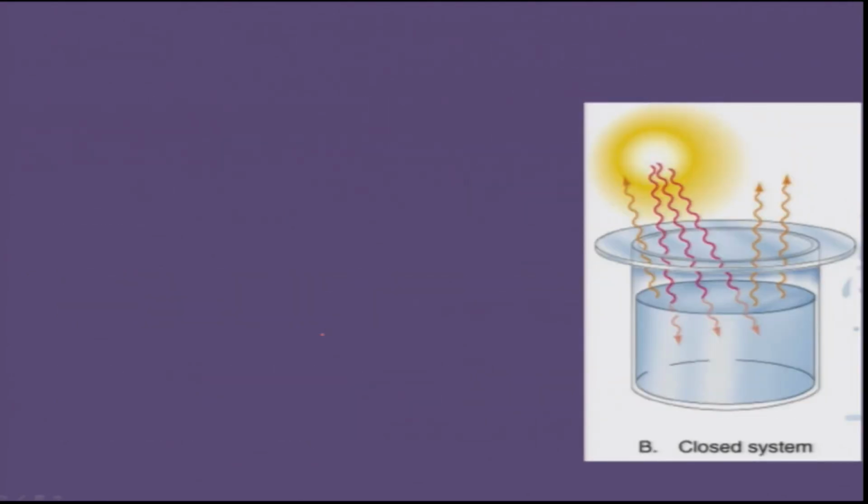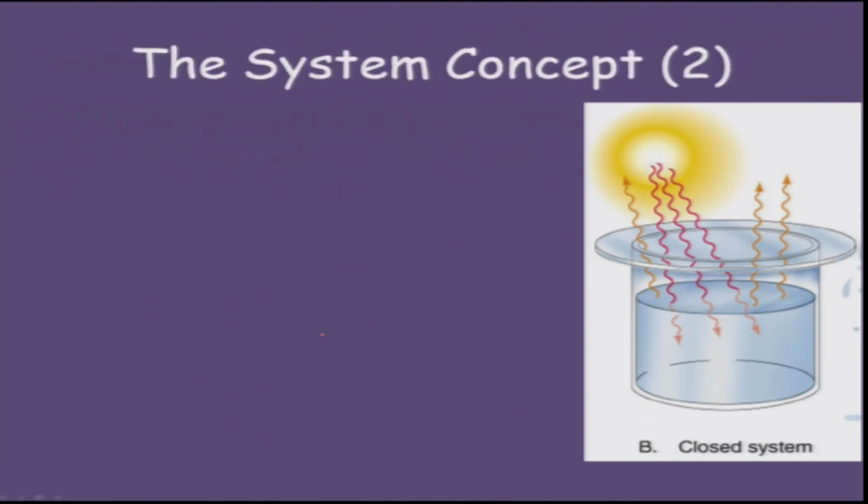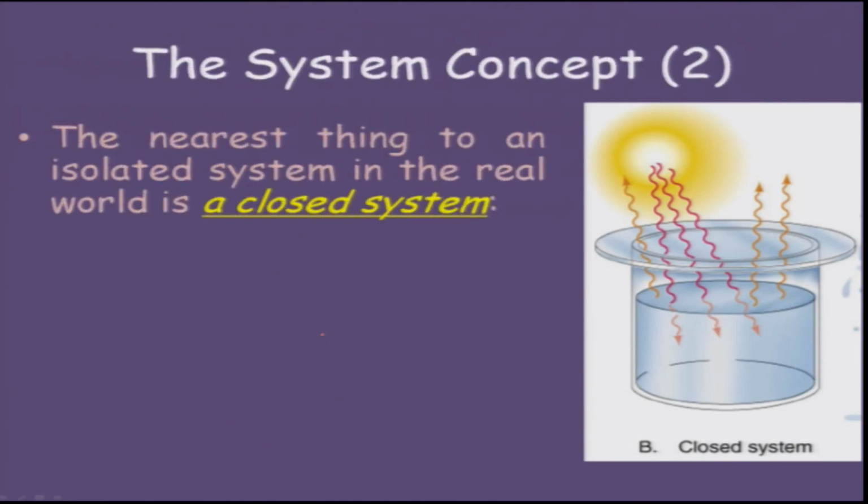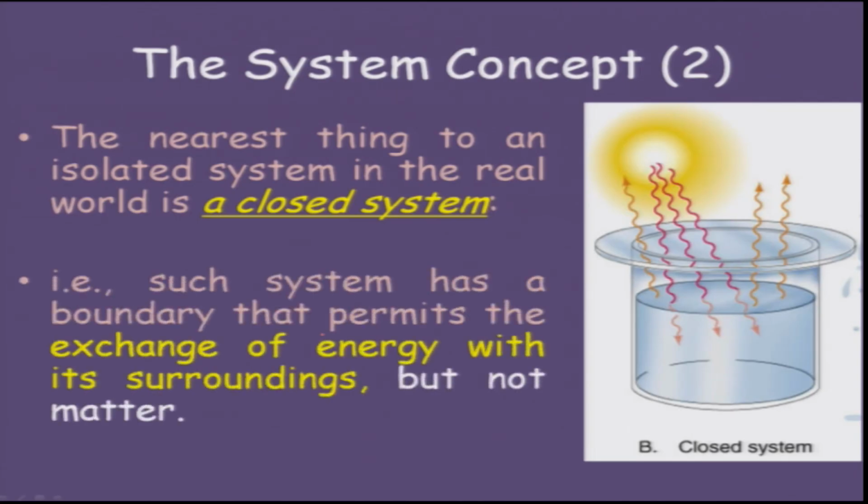Okay. Then we have another one, which is the closed system. In the closed system, we will have some transfer of energy, that is, an exchange of energy with its surroundings, but not matter. So, it will just exchange the energy. So, keep in mind, for example, that we are looking at the sun here.